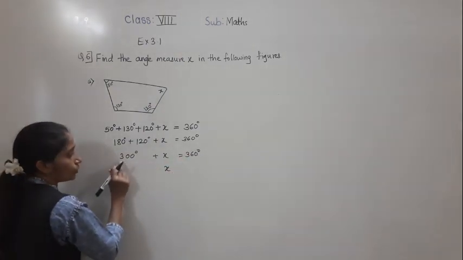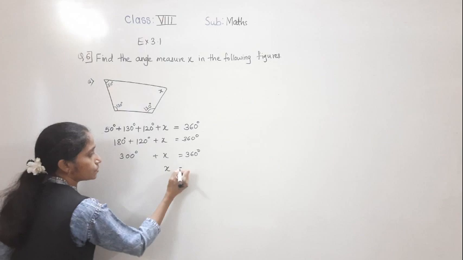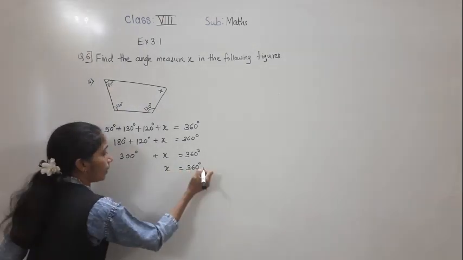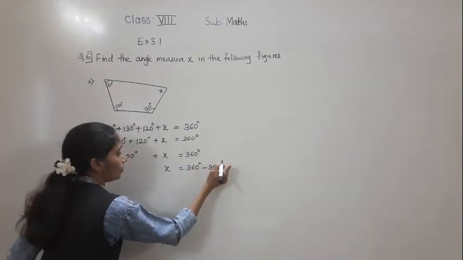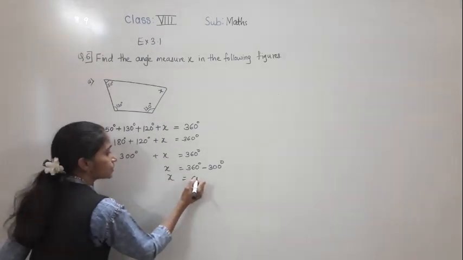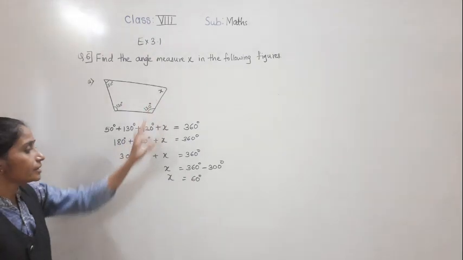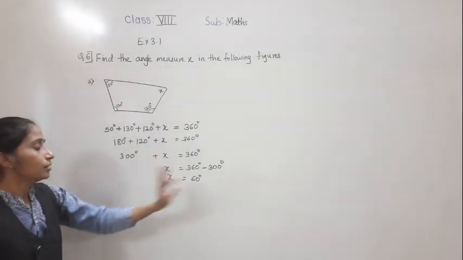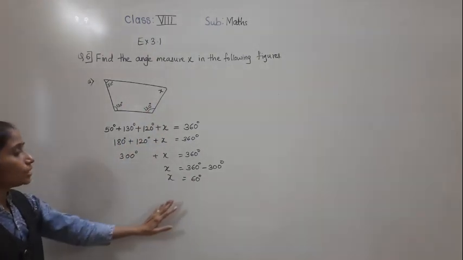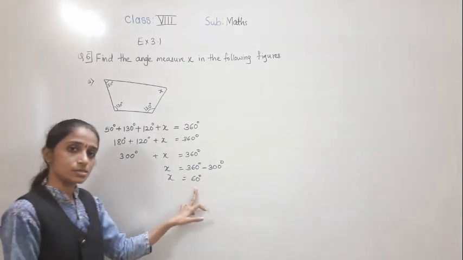So x, if we transfer the 300 to this side, then x is equal to 60 degrees. So what is the measurement of this angle x? Angle x is 60 degrees.